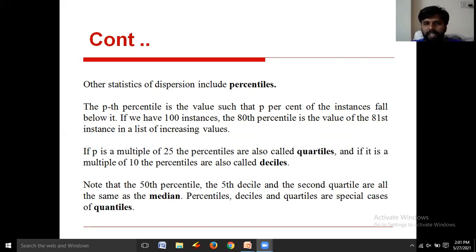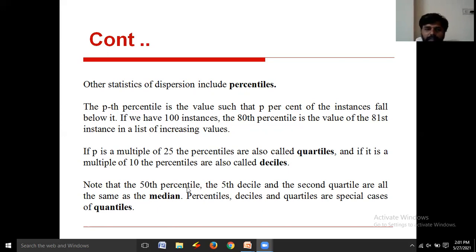Here a percentile indicates a single value, a single instance. Multiples of 25th percentiles are treated as quartiles. Multiples of 10th percentiles are treated as deciles. Remember: percentile, quartile, decile.